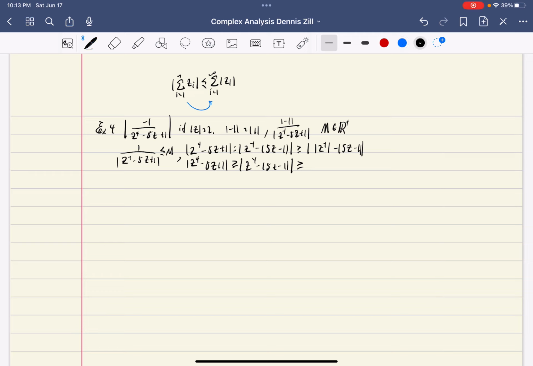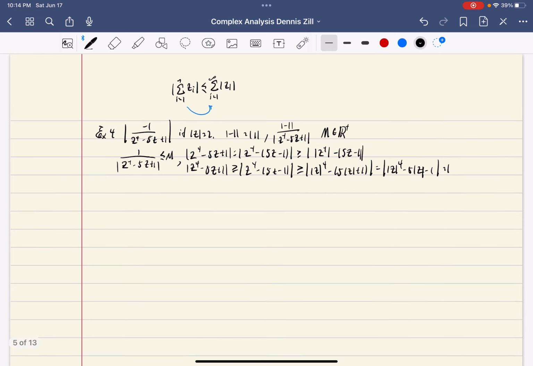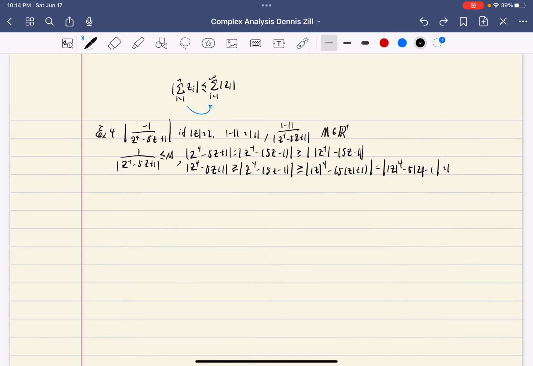So next we apply over here the modulus to the fourth power, modulus plus 1 bracket, right? Well, this is just equal to the absolute value of, really, you keep modulus to the 4th power minus 5 modulus, distribute minus 1, is equal to, well, we know what this is, right? We can apply this.